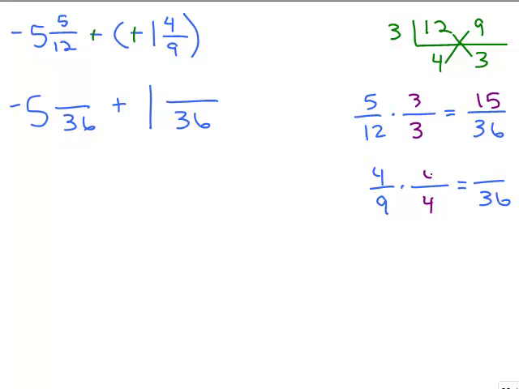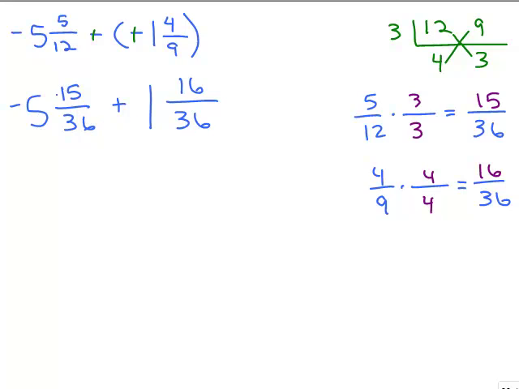But the second one, 4 over 4, 16 will be your new numerator. So 5/12, I said, was 15/36. So that's what goes up here. And 4/9, we got 16/36. All right, so now I'm doing negative 5 and 15/36 plus 1 and 16/36.